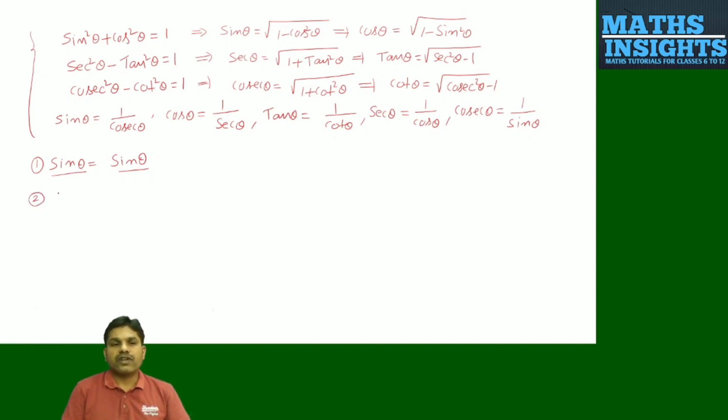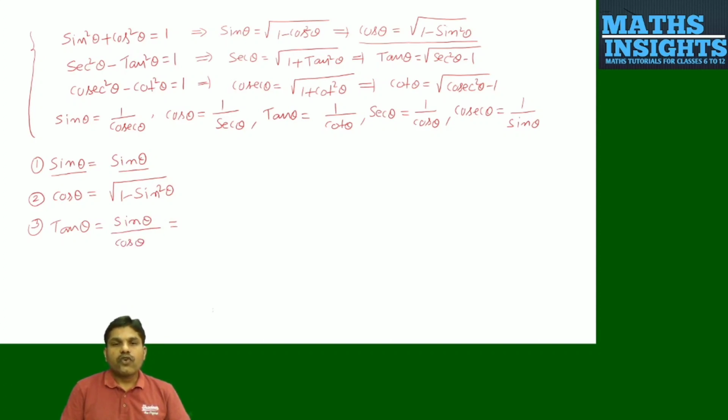If you take the second one, that is cos theta, you know cos theta can be written as, if you observe this, square root of 1 minus sin square theta. So, the ratio cos theta is also converted into sin theta. If you take the third one, that is tan theta, you know that tan theta is equal to sin theta by cos theta.